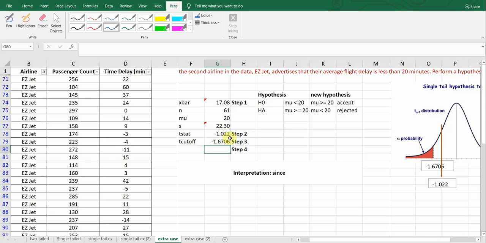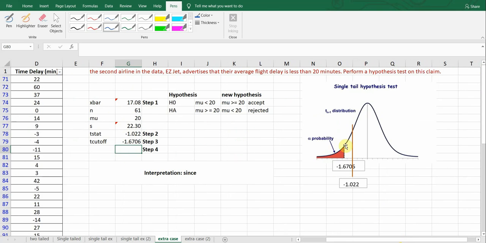Now, after you get your t-stat and your t-cutoff, plot these values in the diagram of a normal distribution curve. You see that the t-cutoff is minus 1.6706, which is somewhere over here. Towards the left of that particular point of minus 1.6706, we have the rejection region.